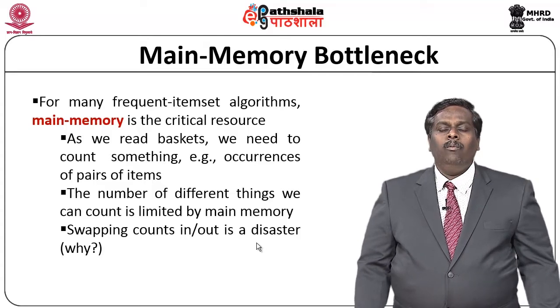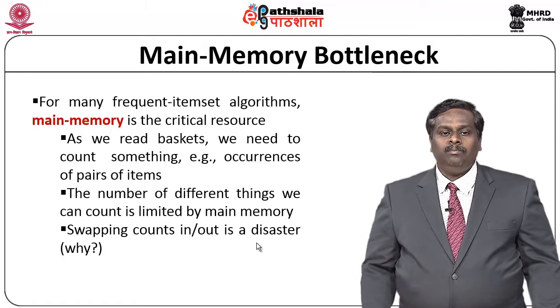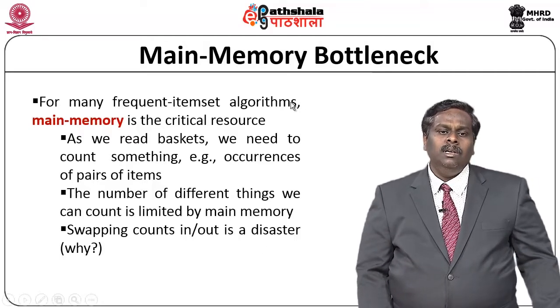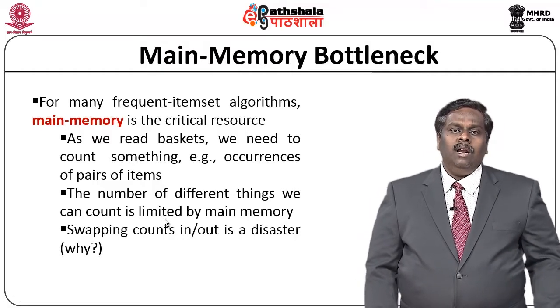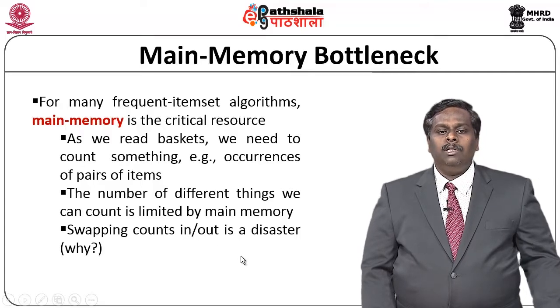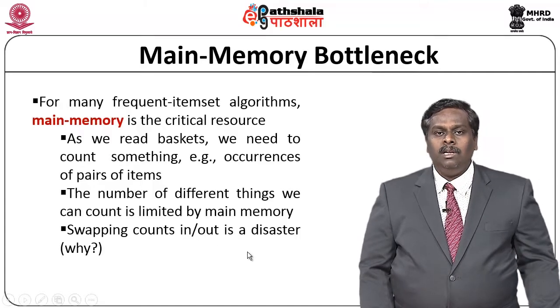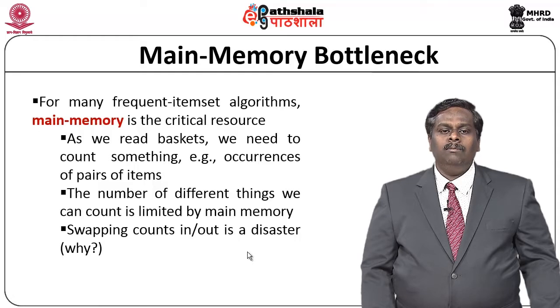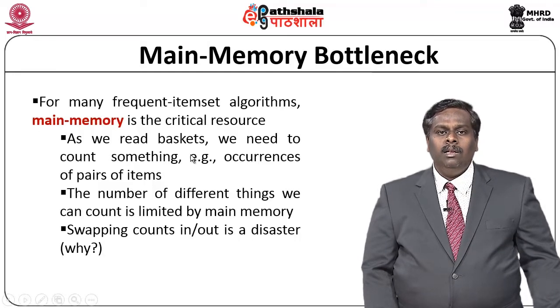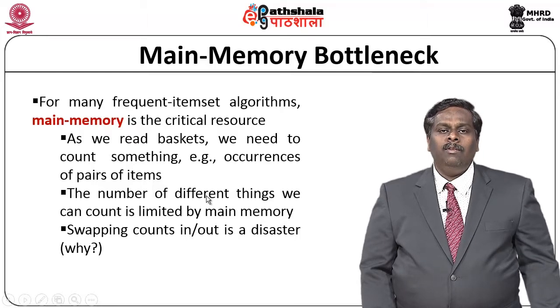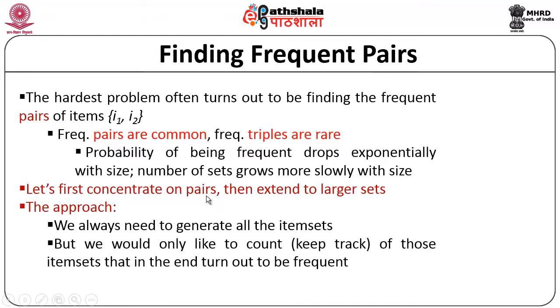In other words, only half of the items will be loaded into the main memory. We sometimes also need to deal with the entire data set. Therefore, swapping in and out of the main memory will come into the picture. How many swappings occur depends on the total number of items generated. So, with respect to the limited main memory, it may be really challenging when you are dealing with a very voluminous data set.